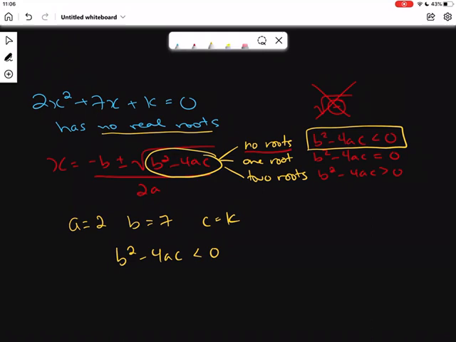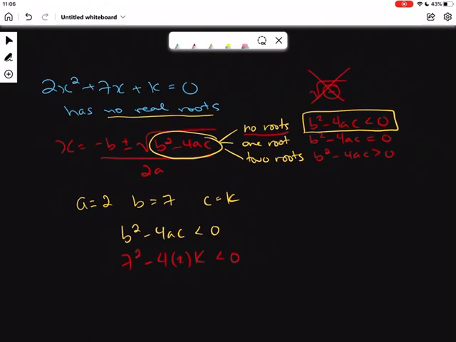If I start substituting a, b, and c, I can rewrite this as 7 squared minus 4 times 2 times k, and I know that that expression has to be strictly less than 0.